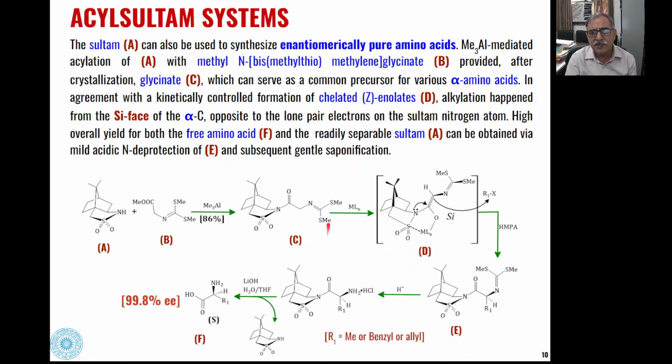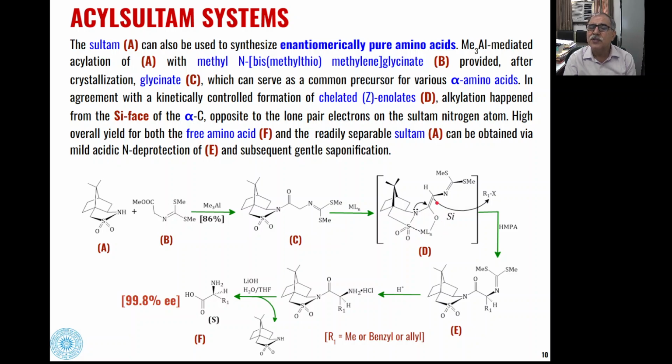So basically what happens is that these glycinate sultam derivatives react with strong bases to give us these types of chelated Z-enolates, as we have seen in the previous case.